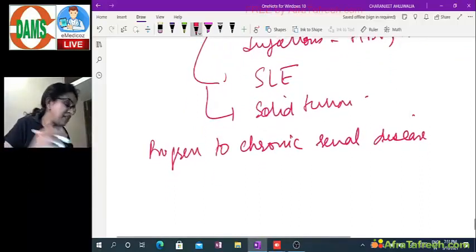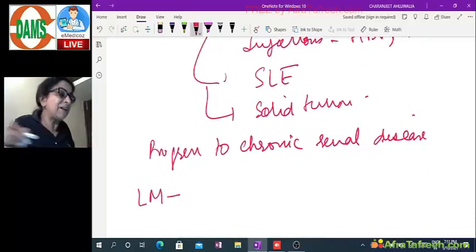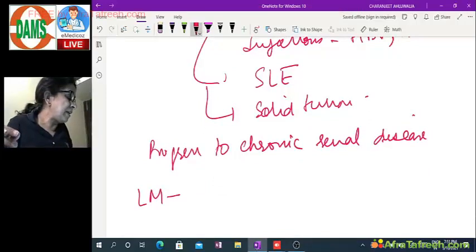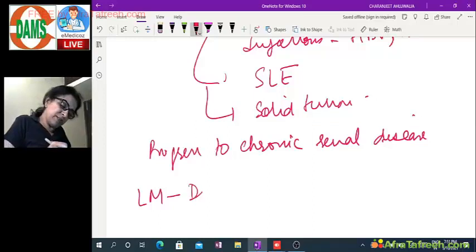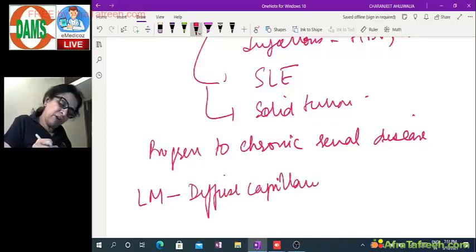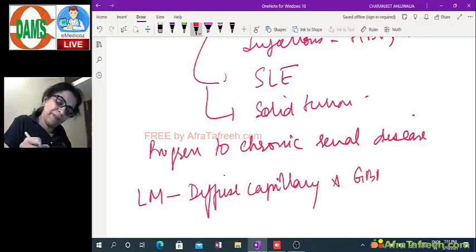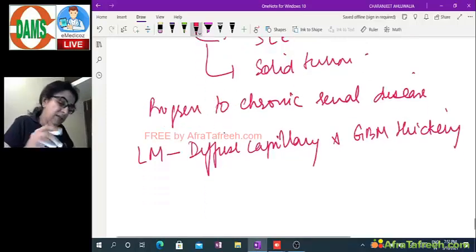Now let's look at the findings. Light microscopy, its name is membranous. So what will membranous be? There will be diffuse thickening of the capillary wall and the GBM. So hence the name membranous.